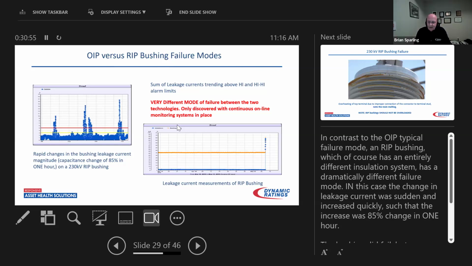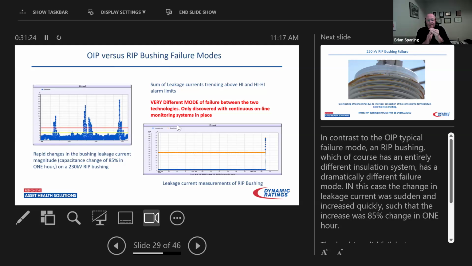The graph on the right-hand side is the leakage current measurements from 3 RIP bushings, resin impregnated paper bushings, at 230 kV. So the yellow line represents the leakage current from the bushing on phase 3, H3. The blue line across the bottom represents the sum current. So it's essentially around 0.